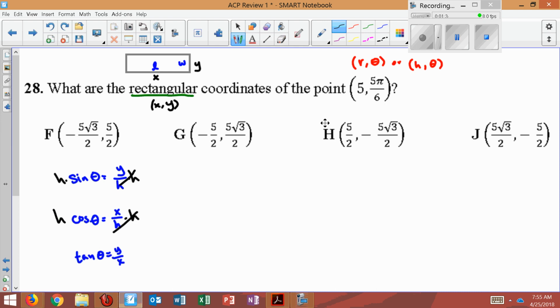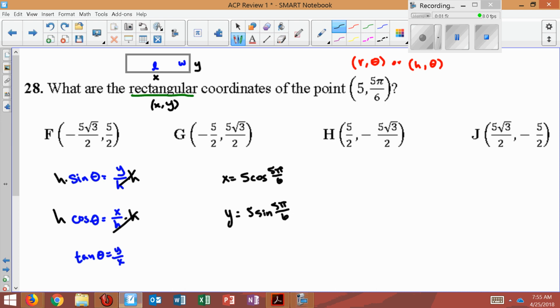So to convert these, x will equal h, and h and r are basically the same thing in mathematics: the hypotenuse and the radius of a circle work the same way. So x equals 5 cosine of 5π/6, and y equals 5 sine of 5π/6.